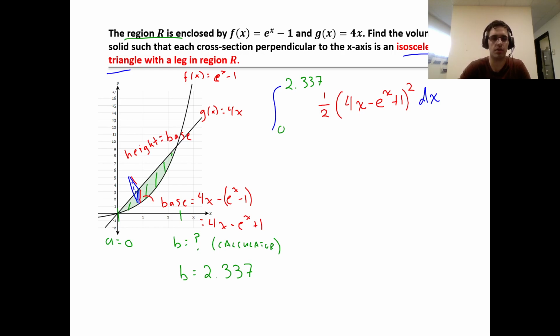We select the intersect option, pick our lower curve or upper curve and guess where the intersection is, and our calculator will tell us the intersection point. The x value of the intersection point is what we're looking for. If you do that correctly, you should get an x value of 2.337 or something that rounds to that. That'll be our upper bound for this problem.